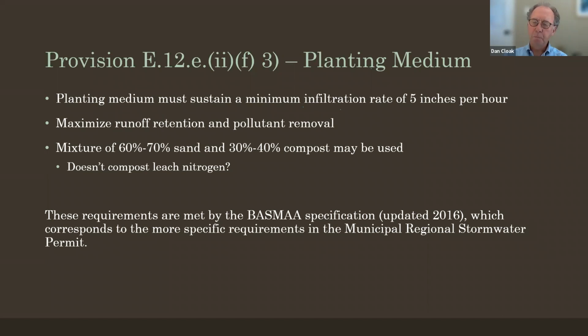The first point is that nitrogen is not a pollutant of concern yet, or doesn't seem to be the limiting factor in promoting growth of algae in Bay Area waters, and particularly not in the Bay. They're not nitrogen limited. So there hasn't been that much focus on it up to now.